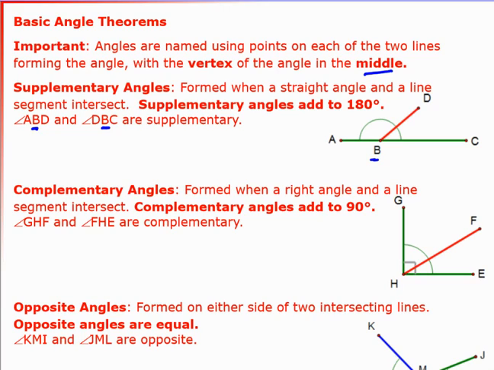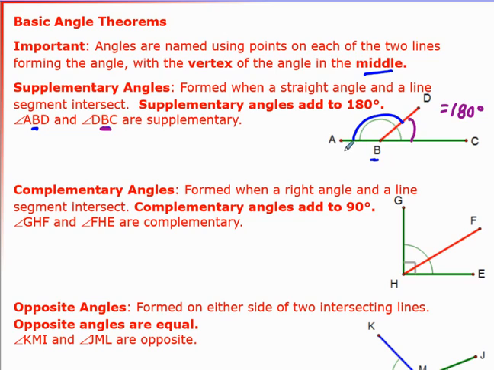The supplemental angles add up to 180. So if I had ABD, and then add DBC, these two add up to 180.